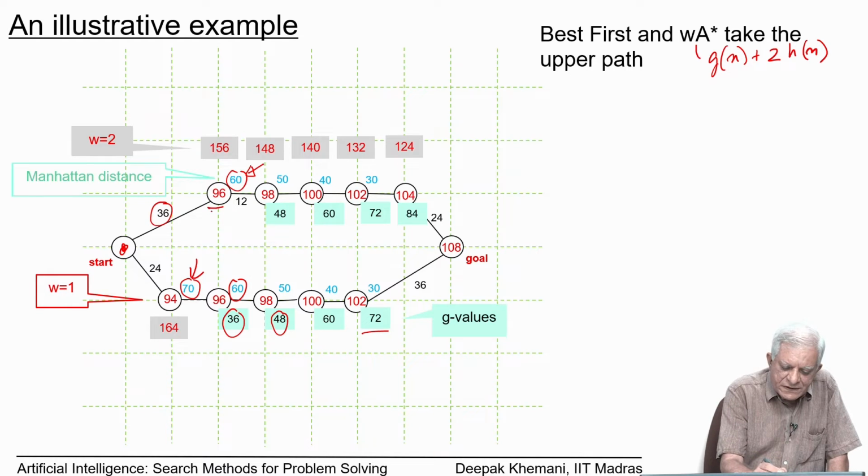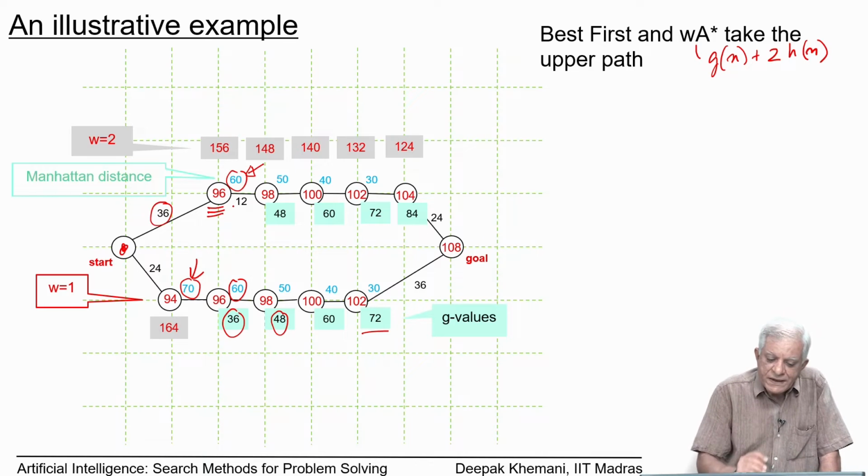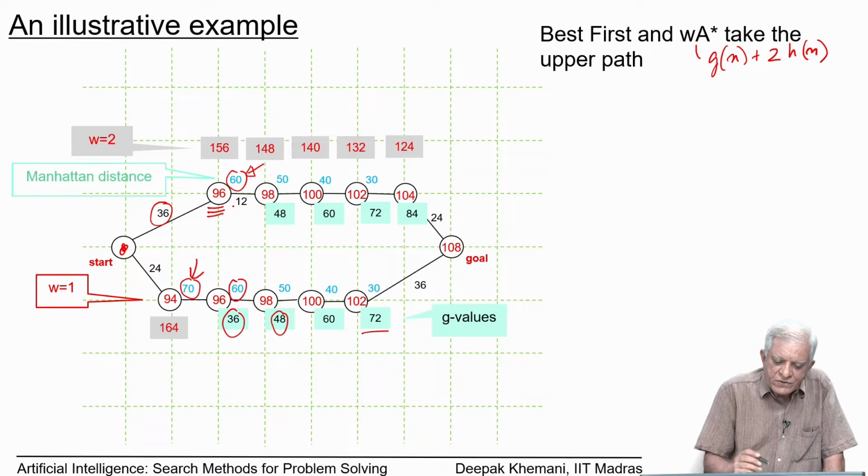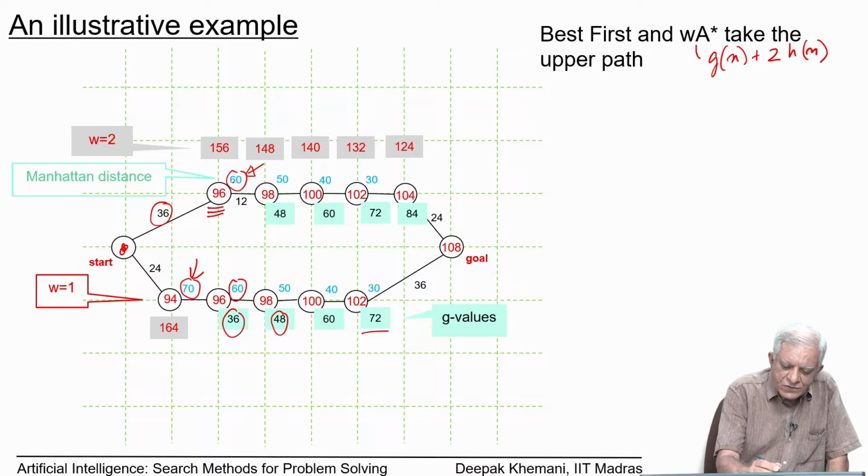So, the f value used by A star is 96, but the f value used by WA star will be 60 into 2, which is 120, plus 36. So, this is g and this is the h value.